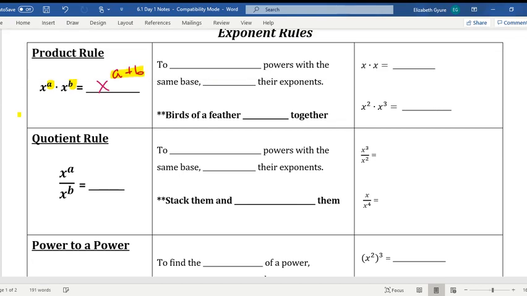So my rule, if I'm multiplying, is to multiply powers with the same base. And when I say the same base, I mean they're both x's, they're both y's, they're both z's, whatever. Then you add their exponents.